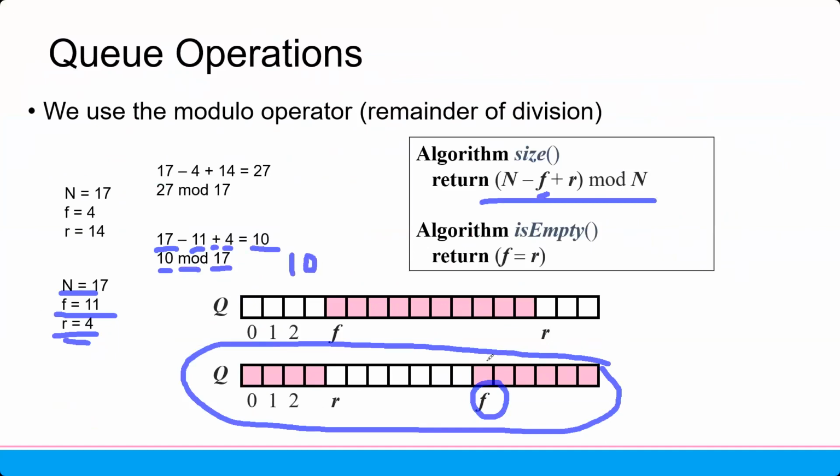You can check: 1, 2, 3, 4, 5, 6, 7, 8, 9, 10. So there are 10 elements in the queue.